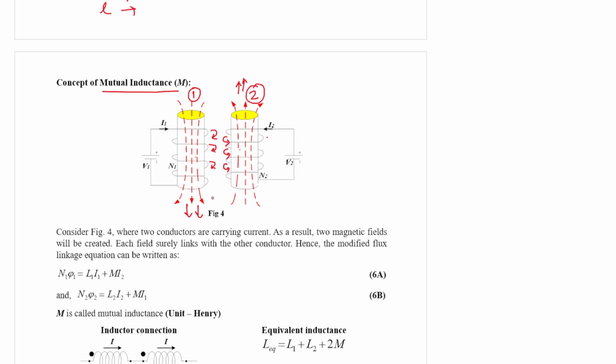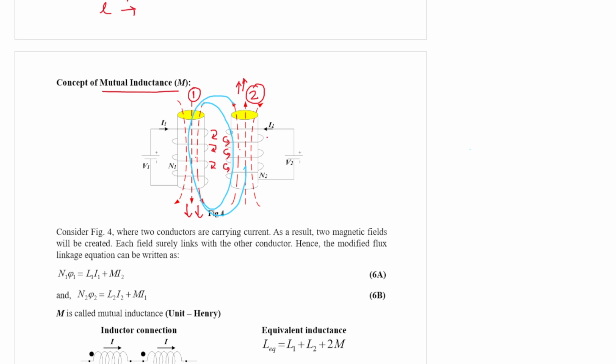Now if we try to draw the pattern of magnetic field lines, at least one, you see this line maybe looks like this and this line maybe looks like this. What is important here is that some part of the magnetic flux of solenoid 1 or electromagnet 1 will be linking to solenoid 2 and vice versa.